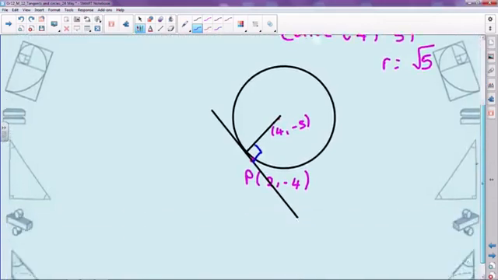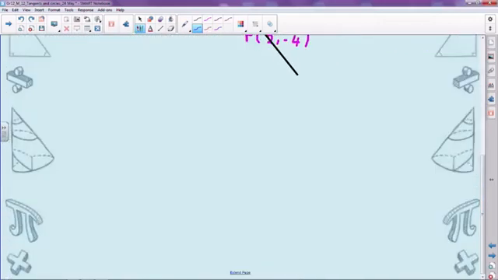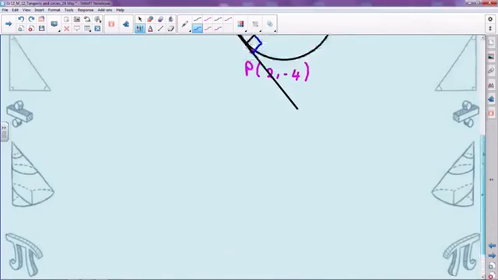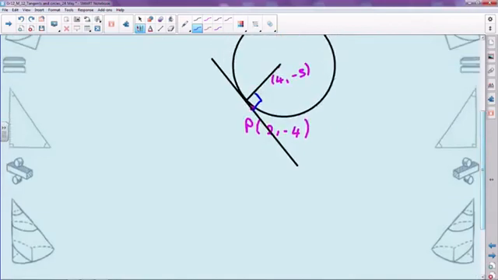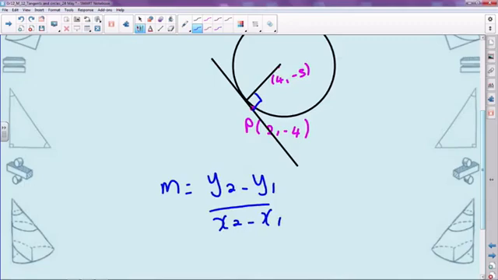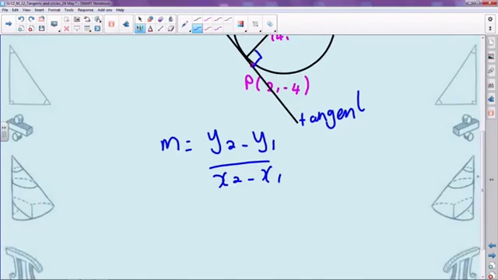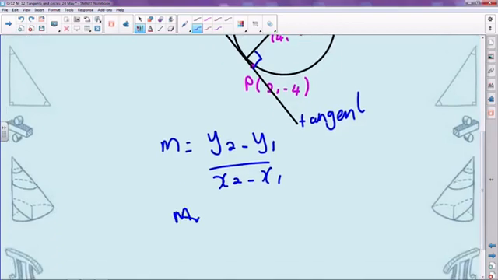Let's answer the question. The first thing we're going to do is work out the gradient of the straight line. I know the gradient is (y2 - y1) over (x2 - x1). The straight line I'm talking about here is the tangent, so I first work out the gradient of the radius.